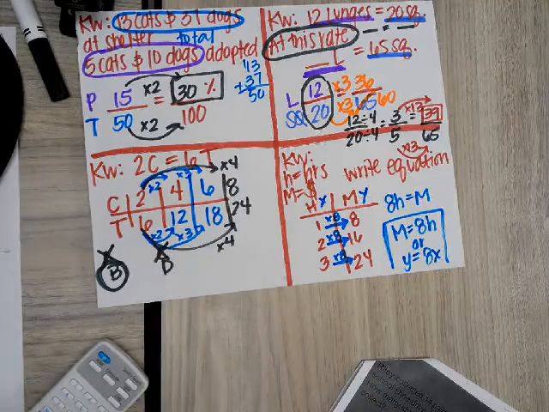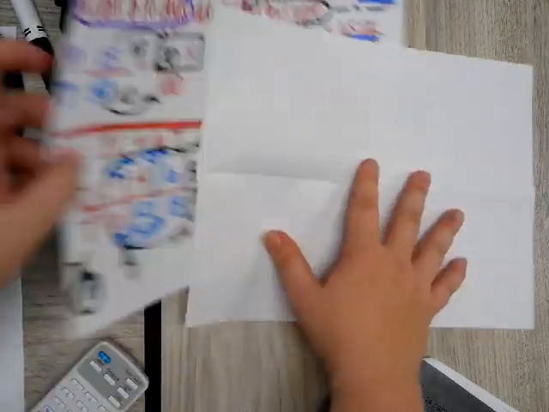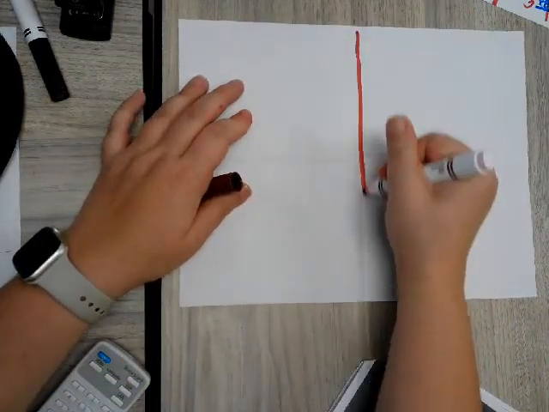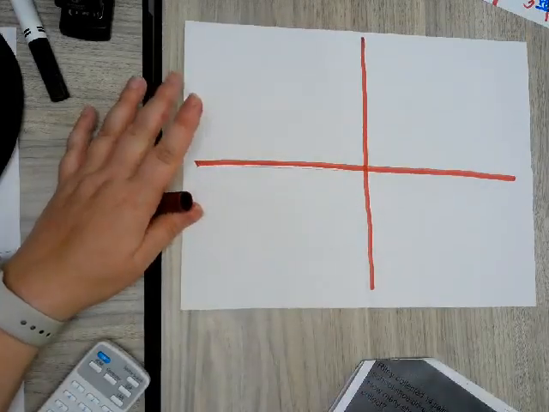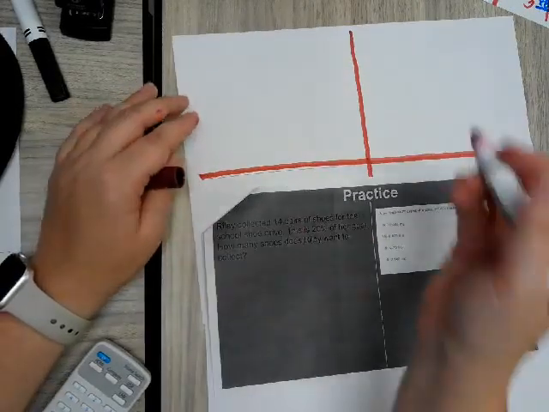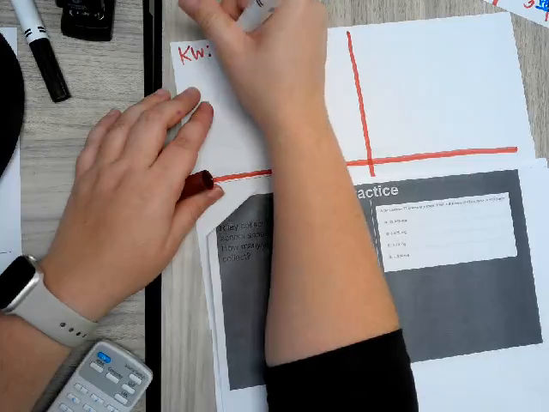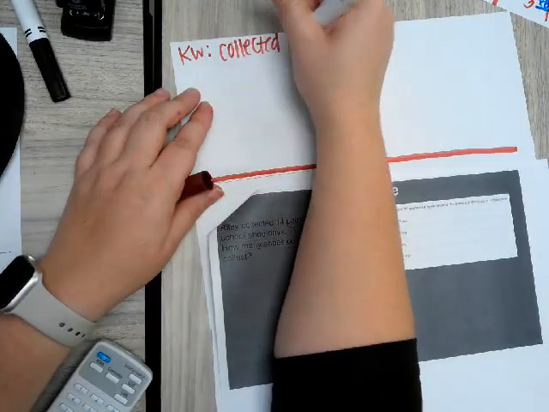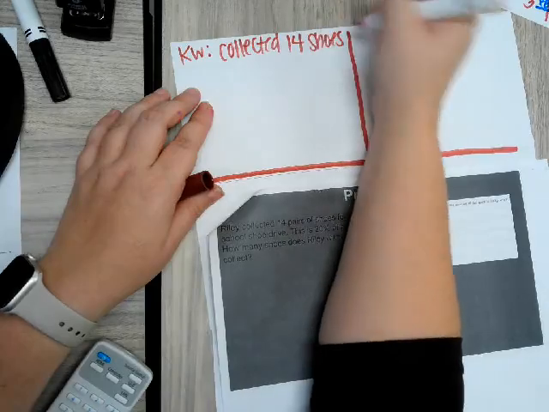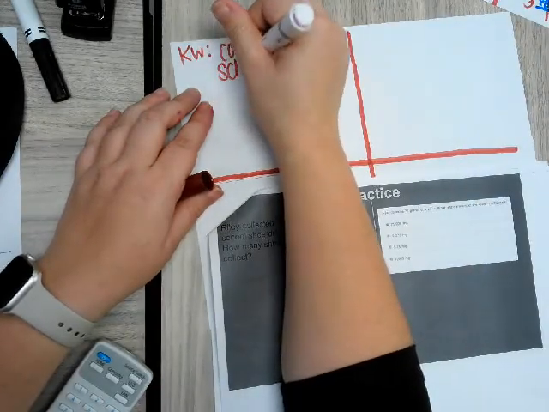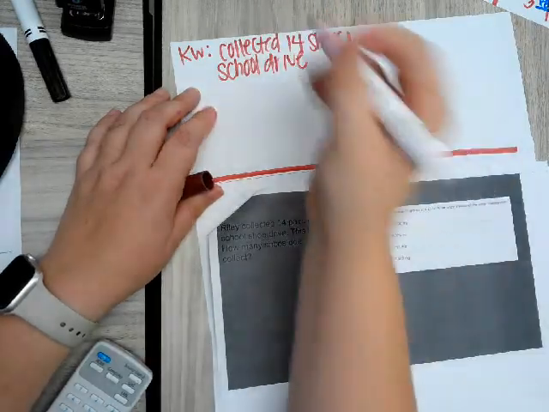Okay, you should be folding a new one over. All right, Riley collected 14 pairs of shoes for the school drive, and this is 20% of her goal.